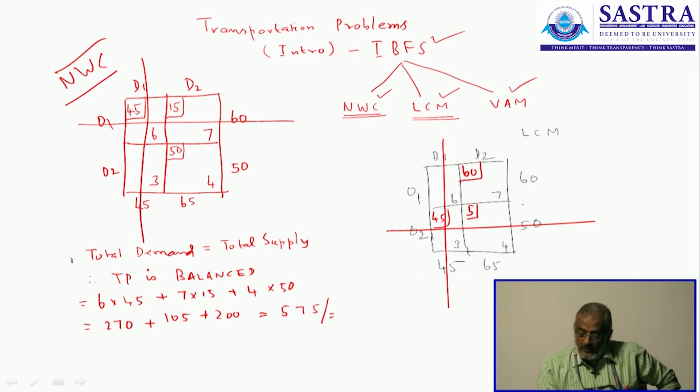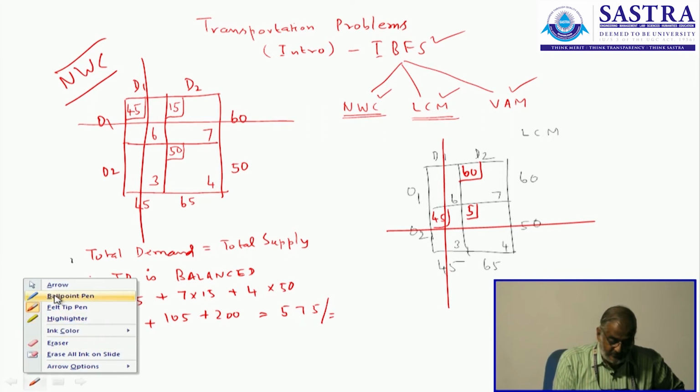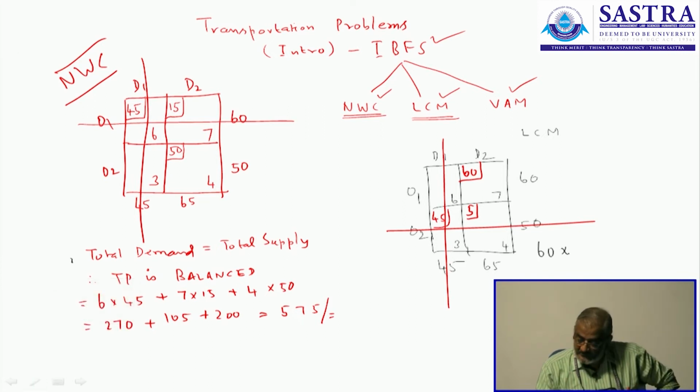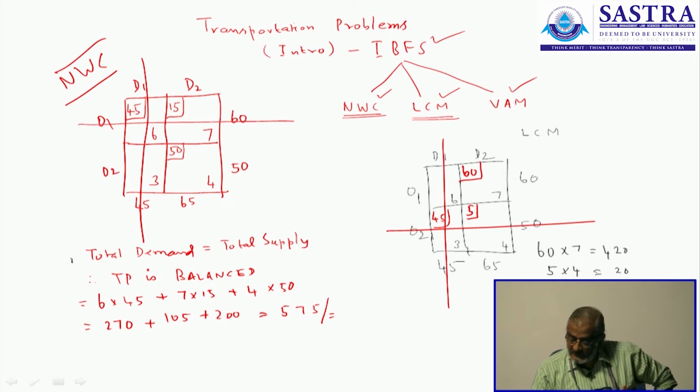Now all the demands are satisfied, and we have applied the least cost method to this 2x2 transportation problem. 60 into 7, then 5 into 4, then 45 into 3. How much? This is 420, this is only 20, this is 135. So the answer is 575.